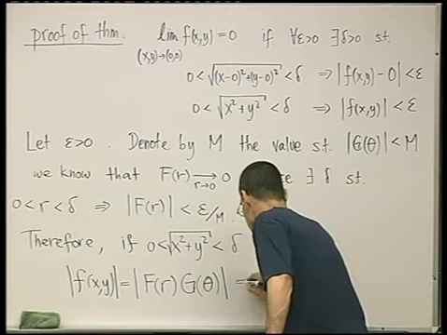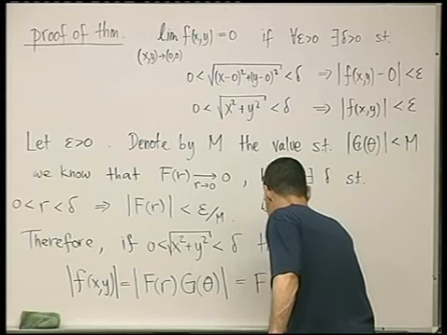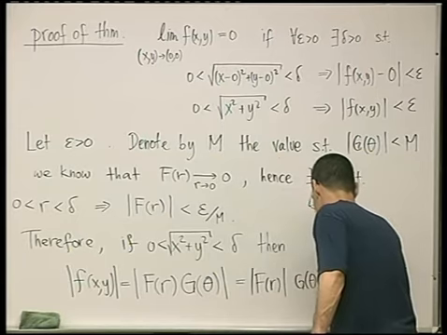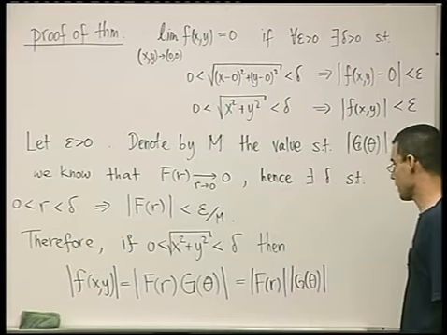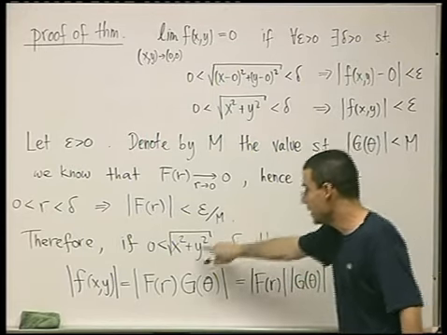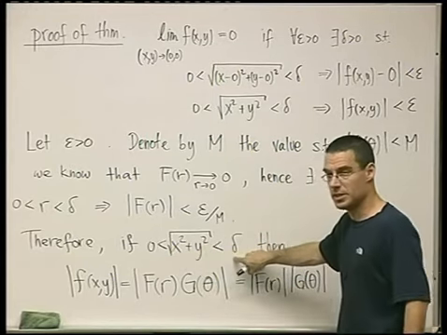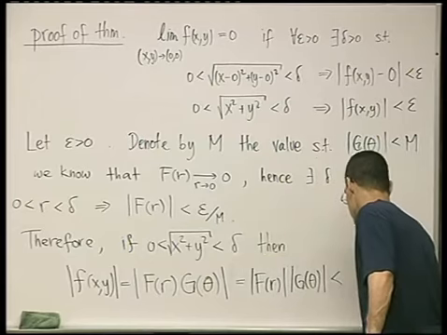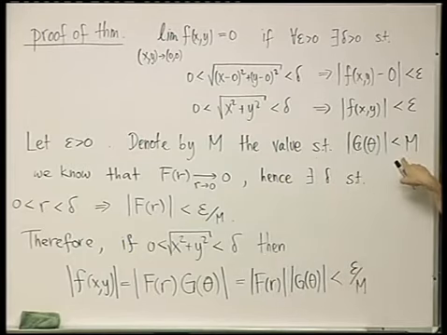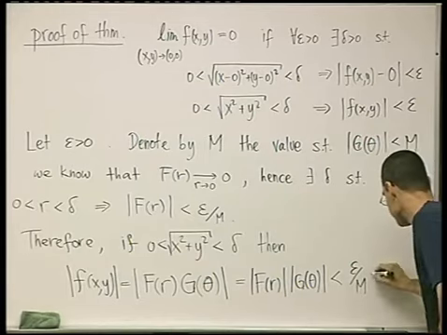This we can in turn say equals |f(r)| times |g(theta)|, a product of absolute values. |f(r)| is less than epsilon over M because r is less than delta, and |g(theta)| is less than M. That's what M was.